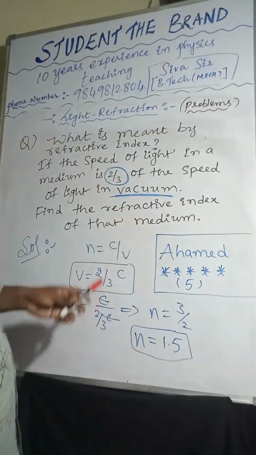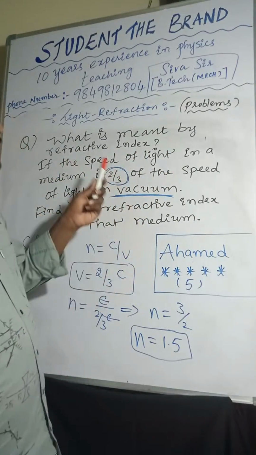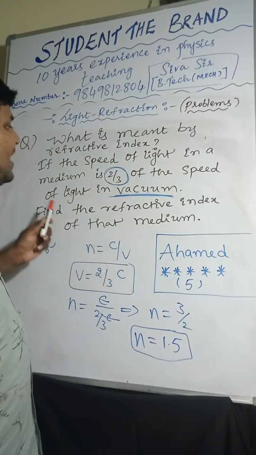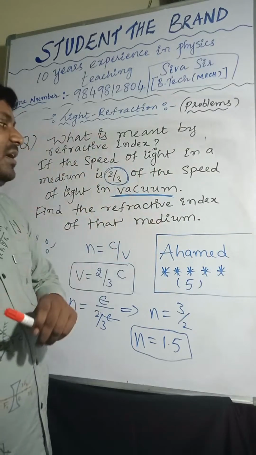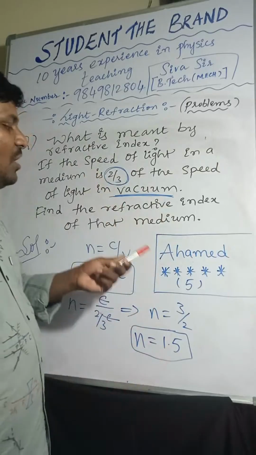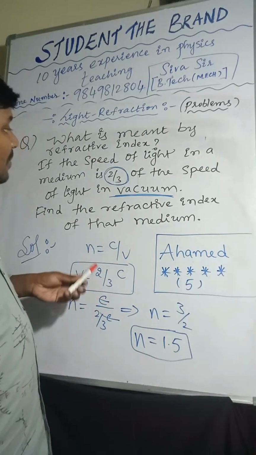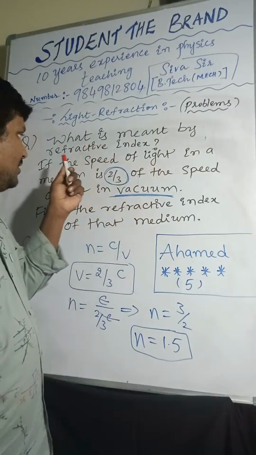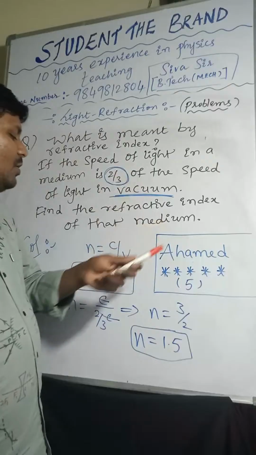Now you can see here, if the speed of light in a medium is 2 by 3 of the speed of light in vacuum, find the refractive index of that medium. By reading this question, immediately you should get the formula n equal to c by v. They gave the condition that the speed of light in a particular medium is 2 by 3 of the speed of light in vacuum.